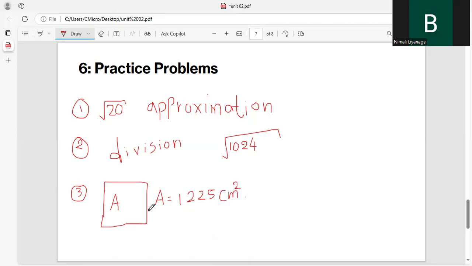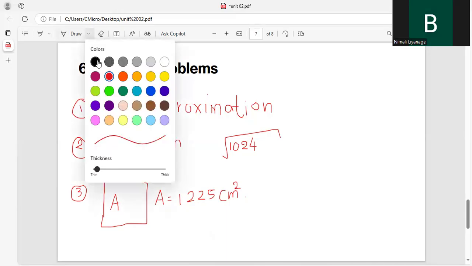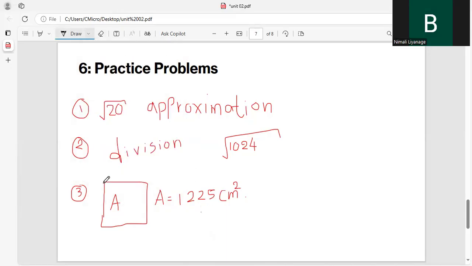What is the length of one side? Okay, these are the practice problems. Please write the notes and solve the problems before you participate in the class.